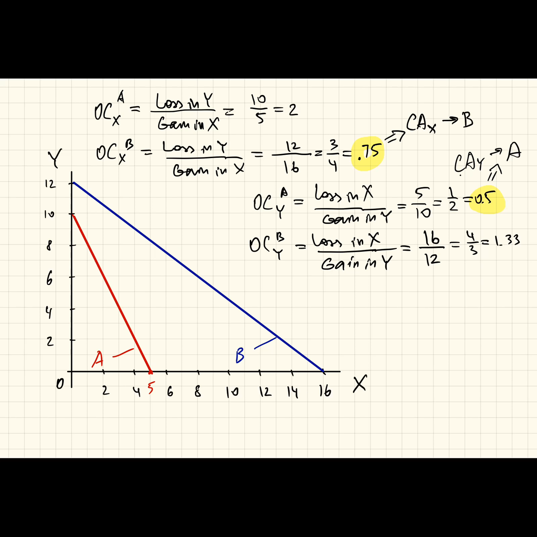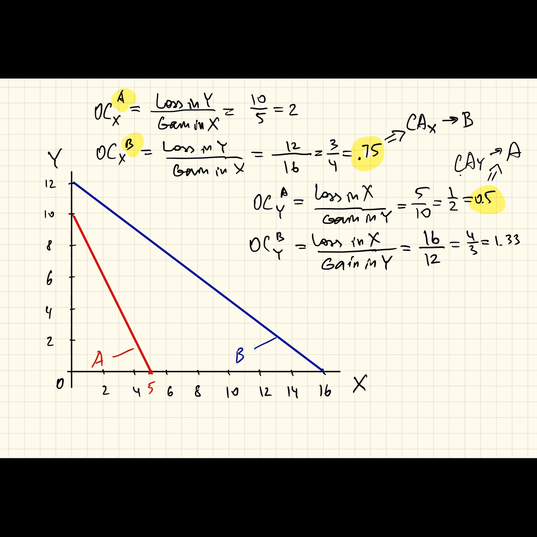Actually, for each good, we have to calculate opportunity cost for both people, right? And then compare them. So you can first do it for good X, and then calculate opportunity cost for person A, and for person B.